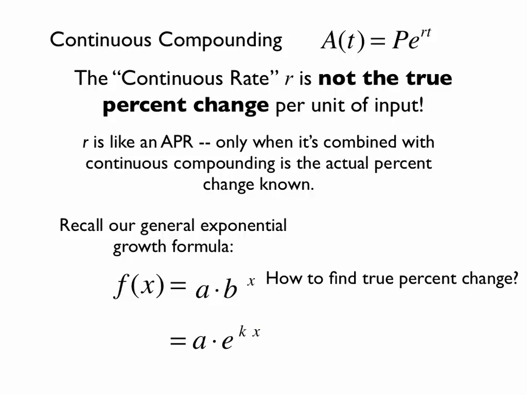Okay, so how do we find true percent change? In all this stuff here, where does the true percent change come from? How do we calculate the true percent change? Austin, do you know?